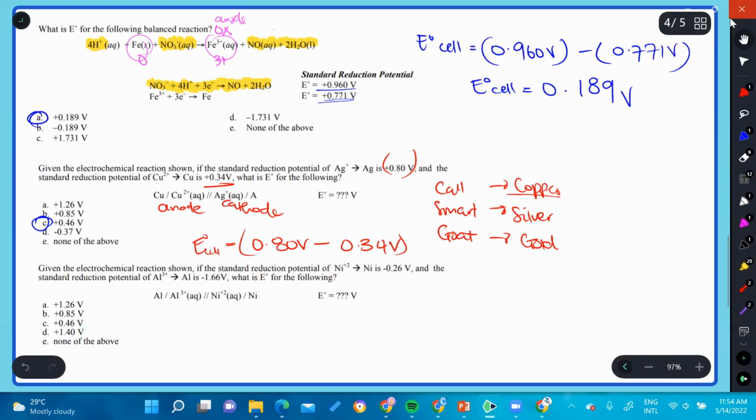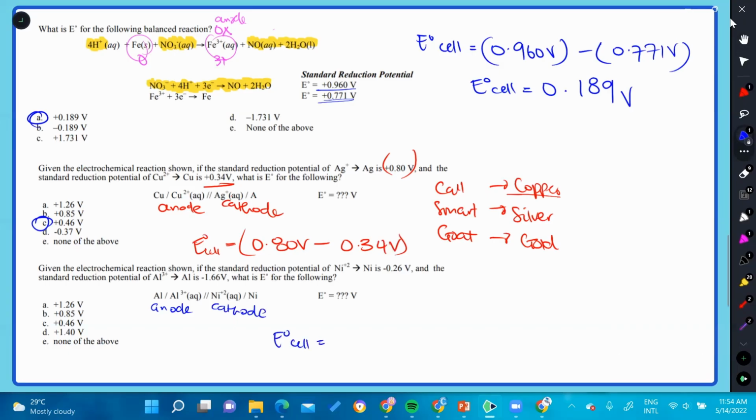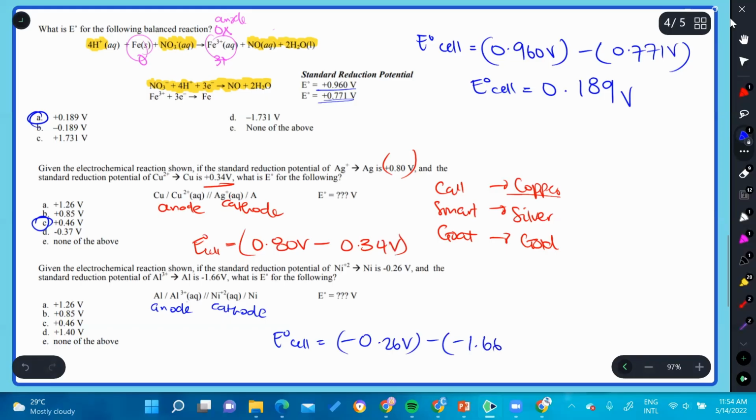So anode here, cathode here. So the E naught of the cell is equal to the cathode value. The cathode is nickel, so negative 0.26 volts, minus the anode value, which is the aluminum value, negative 1.66 volts.